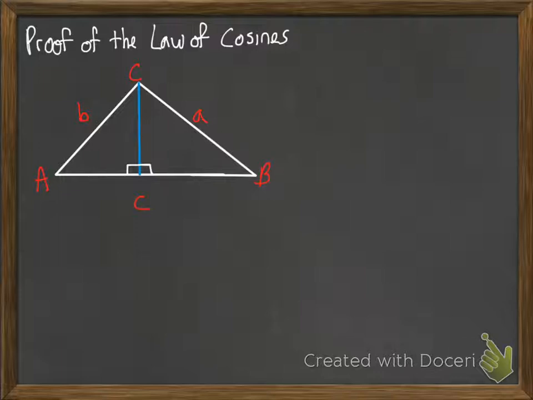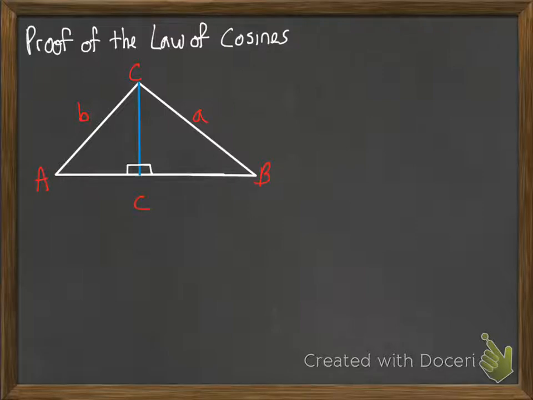And so you may notice over here I have this little right triangle. I'm going to try to use the hypotenuse A and the two legs of that right triangle, and using those, along with the Pythagorean theorem, we will generate the law of cosines.